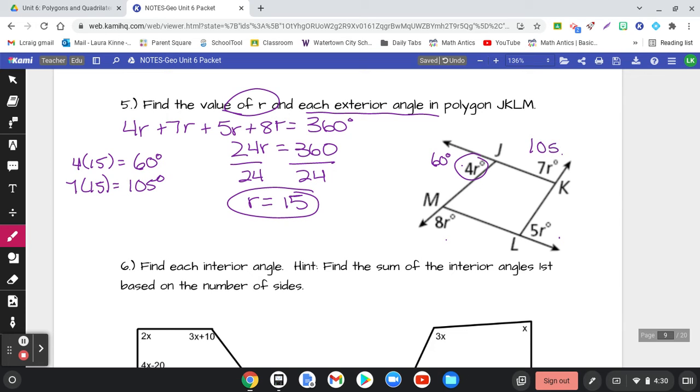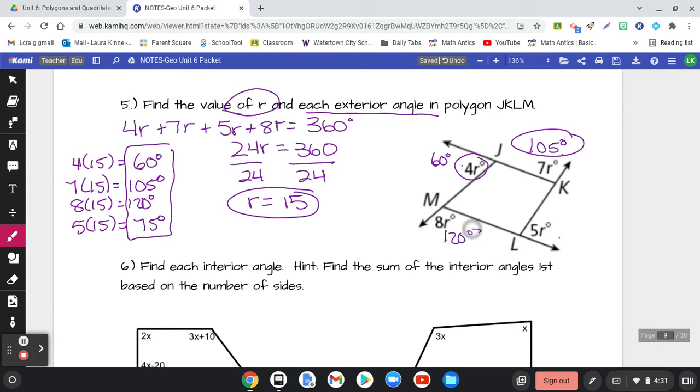Again, put it either spot, doesn't matter. 8 times 15 is 120. And finally, 5 times 15 is 75 degrees. And I'm going to circle those either on the picture over here or over here on the side. Make sure you show your work.